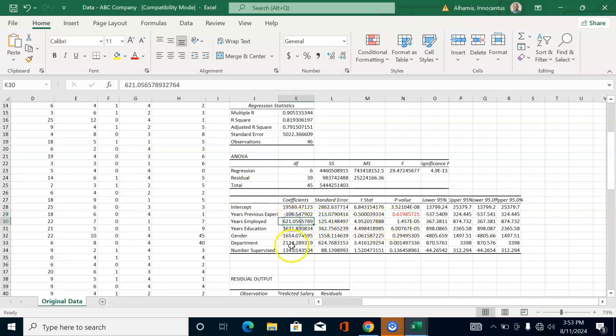Now let's look at the years employed. Years employed gives us this coefficient, which is 621.06. That is the coefficient of years employed, but we will validate this amount by looking at the probability value.